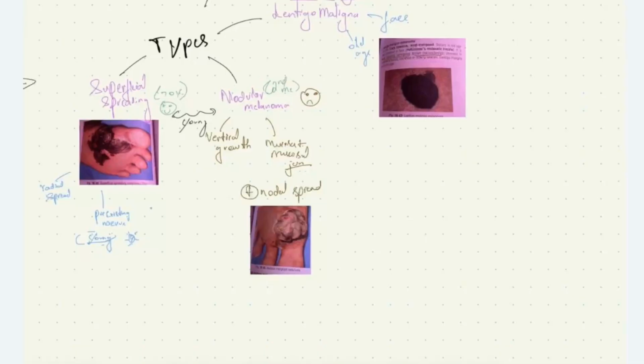And lymph node spread is very common in nodular melanoma, since lymph node status is one of the important prognostic markers deciding the prognosis of the patient. We see the worst prognosis in nodular melanoma. And it's the second most common type of malignant melanoma.